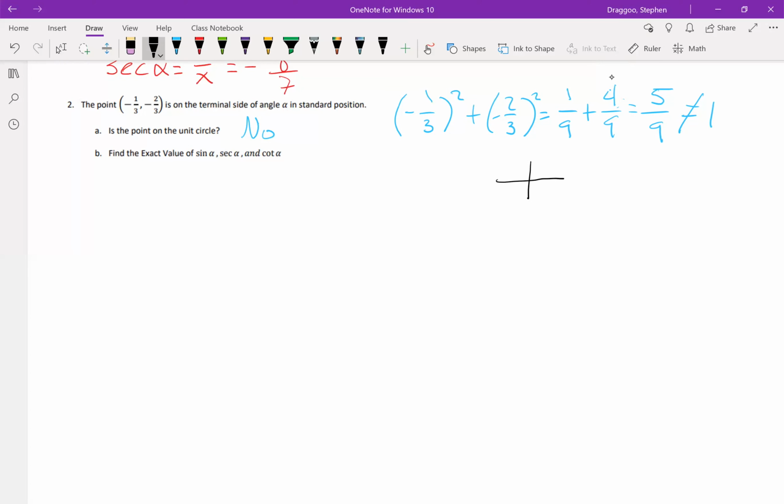So both my x and my y values are negative, which means my point should be somewhere in the third quadrant. Say we label that point.